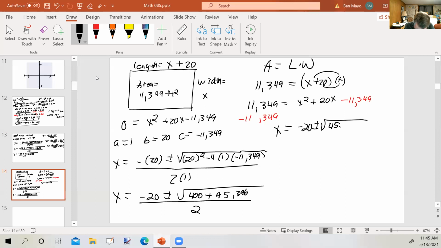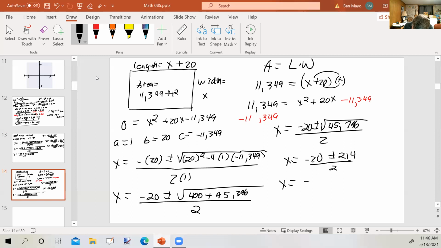X equals negative 20 plus or minus the square root of, let's see, 45,396 plus 400 is 45,796 all over 2. And the square root of 45,796, let's see here. And we get plus or minus 214 all over 2. So these numbers are huge, but at least they work out nicely.